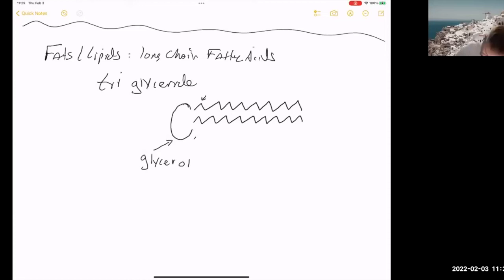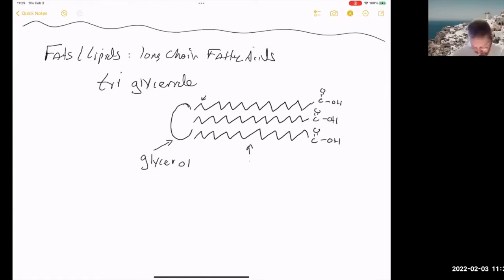And then each of these really long carbon chains ends in a carboxylic acid. Right? So the glycerol, the long carbon chain, and then the acid, right?